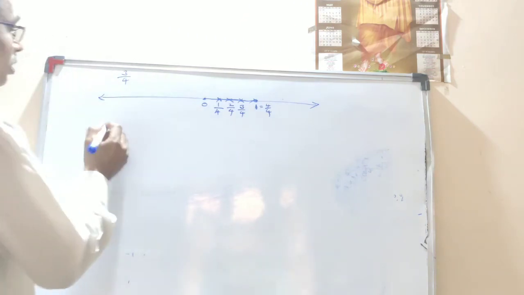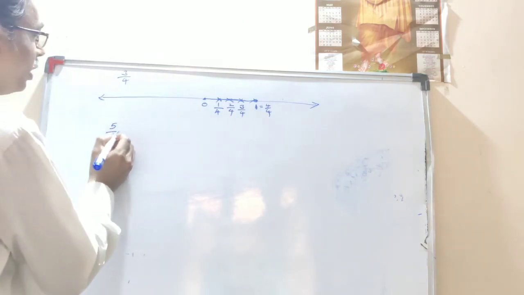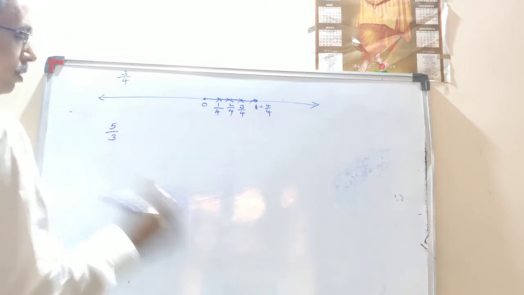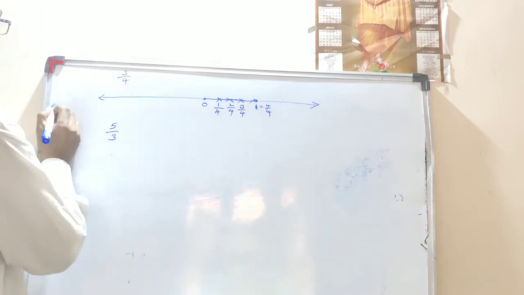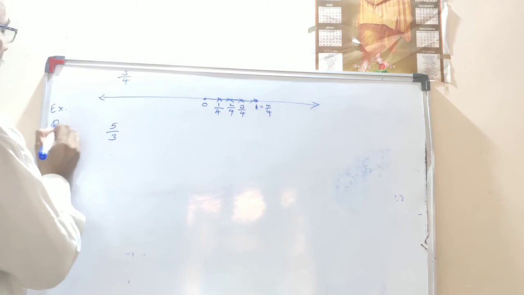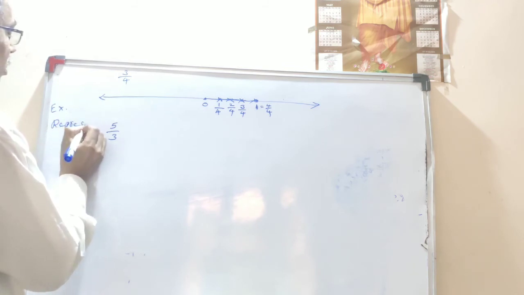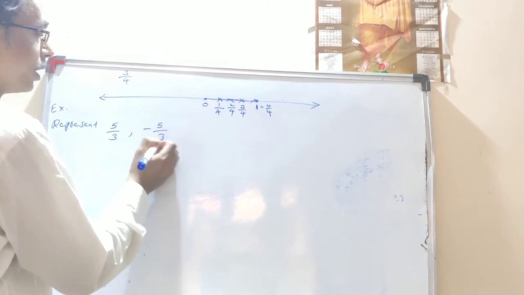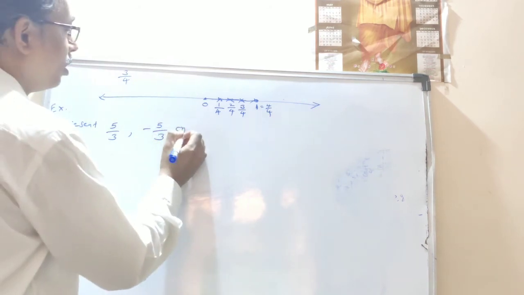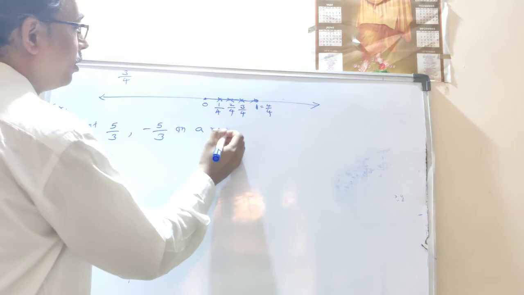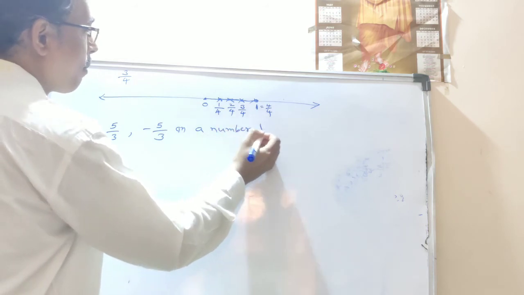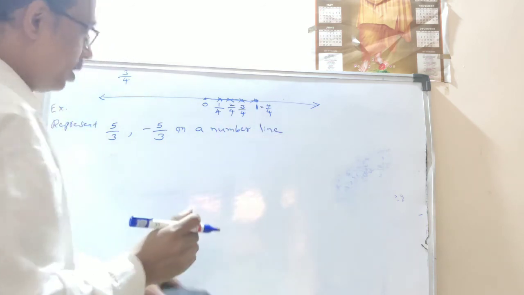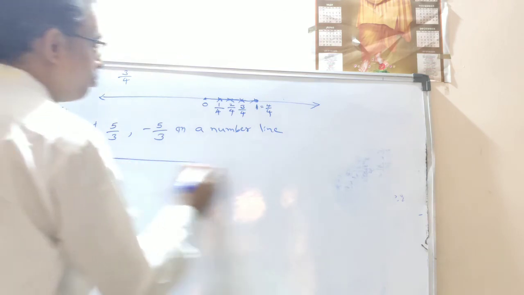Here I am taking one more example, 5/3, and also minus 5/3, on a number line. Again draw a line here.